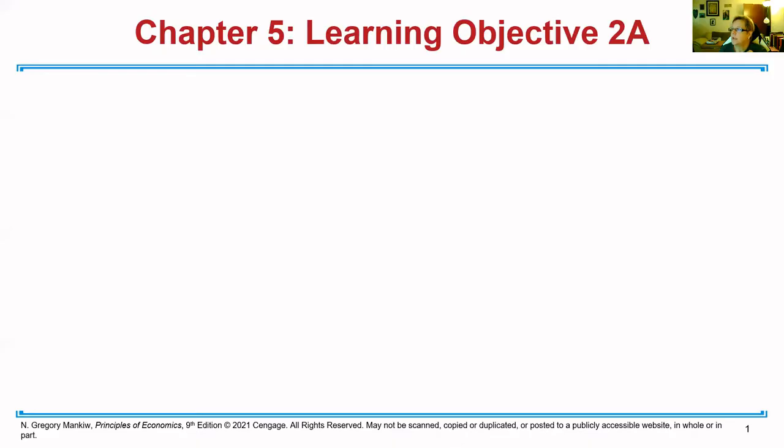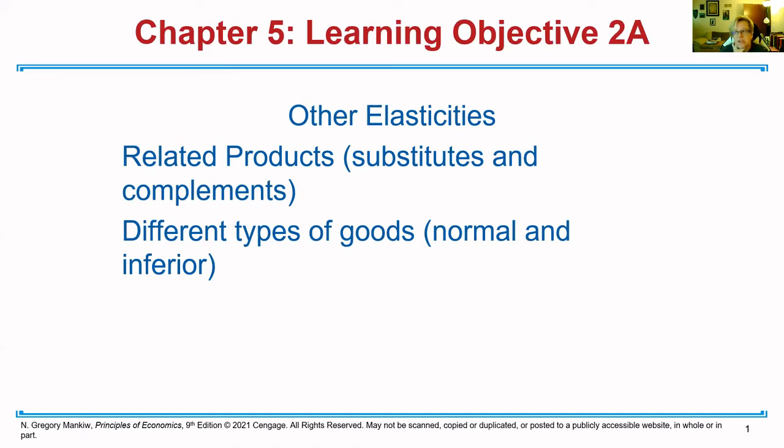There we go. Okay. So what we're looking at in this particular learning objective is related products or different types of goods. So the related products that we talked about were substitutes and complements. I'm going to start with the first type here of normal and inferior goods.